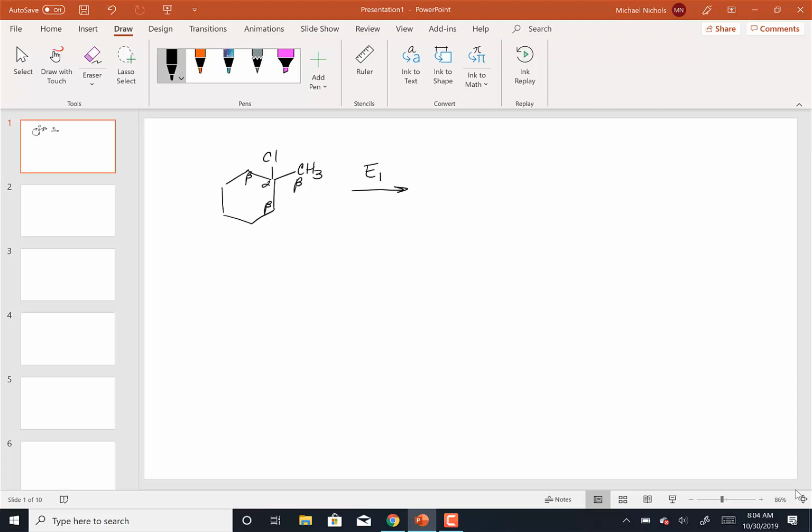So if you're just writing the products of this reaction, we're going to lose HCl, and we're going to draw a double bond to each of the beta carbons.